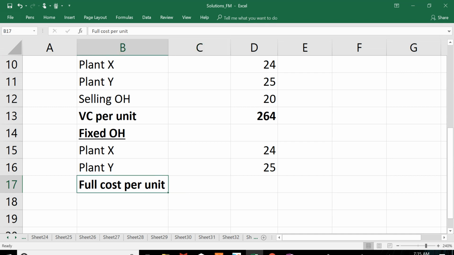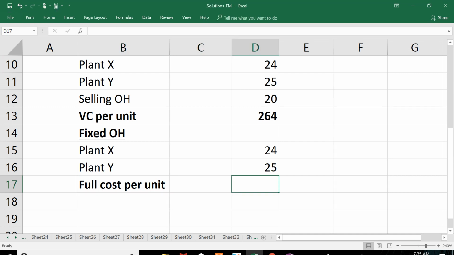Any doubts on that 24 and 25? $313, $264 and $313.